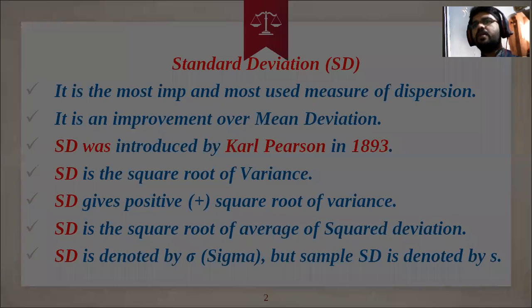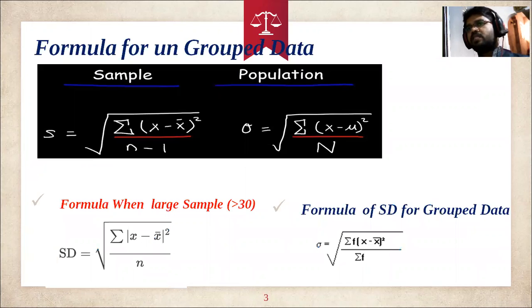Then there are formulas for ungrouped data. As we know, there is grouped data and ungrouped data, which we covered in the previous class. Similarly for standard deviation, we use one formula for ungrouped data and another formula for grouped data.